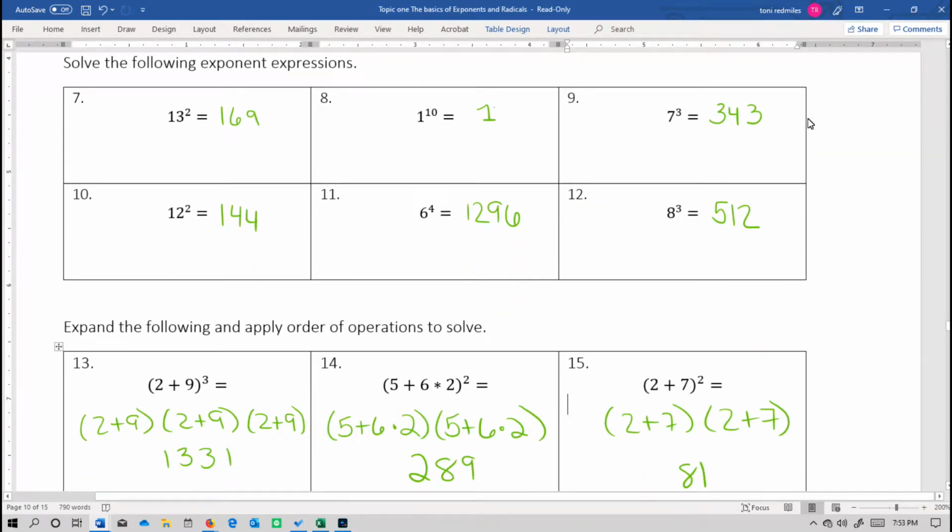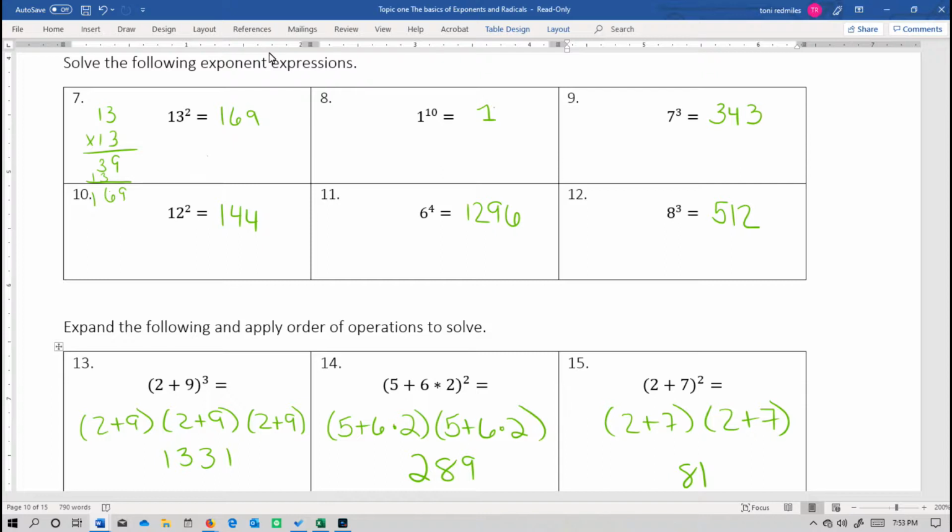All right, so the first one is 13 times 13. 13 is what's being multiplied, and it's being multiplied 2 times. So 9, 3, get underneath the 1, 3, 1, and it's 9, 6, 1. Or you can use the trick I showed you in the review video.